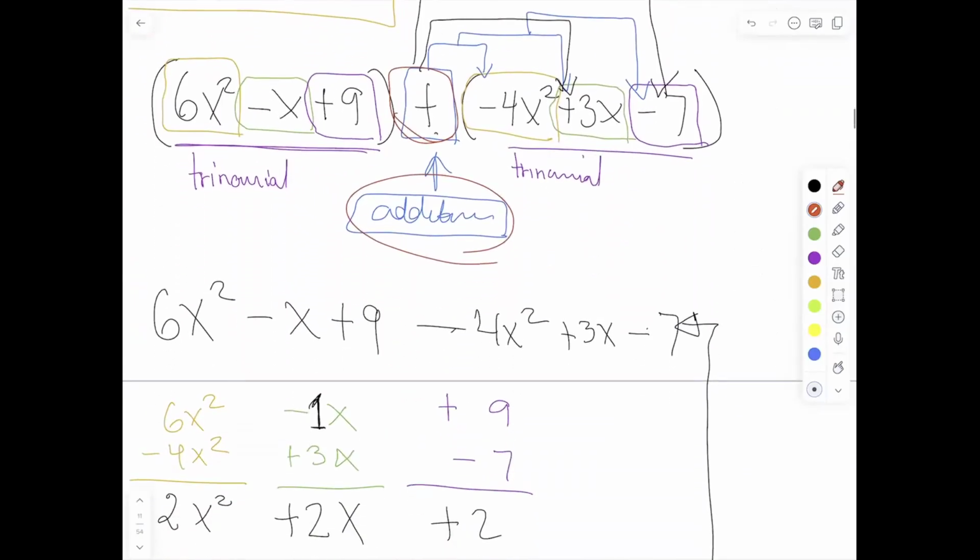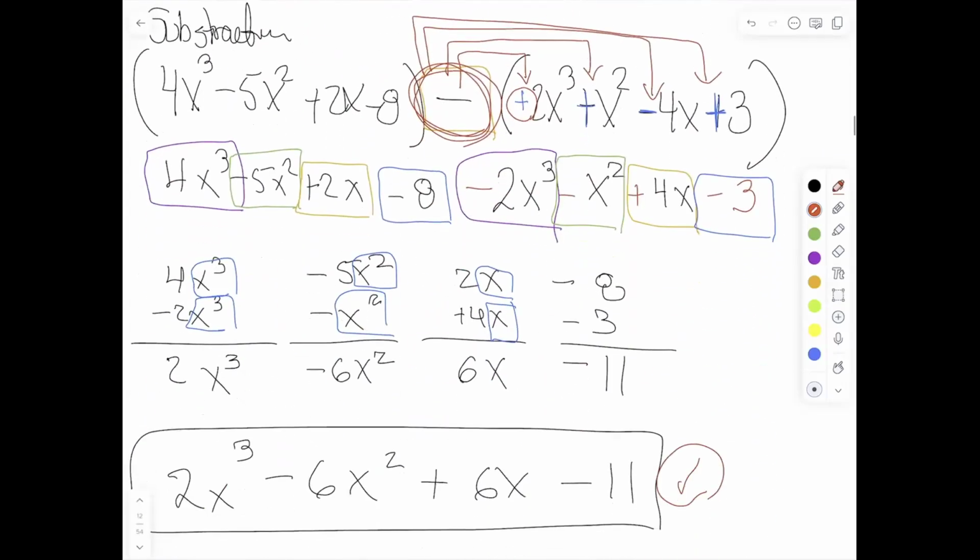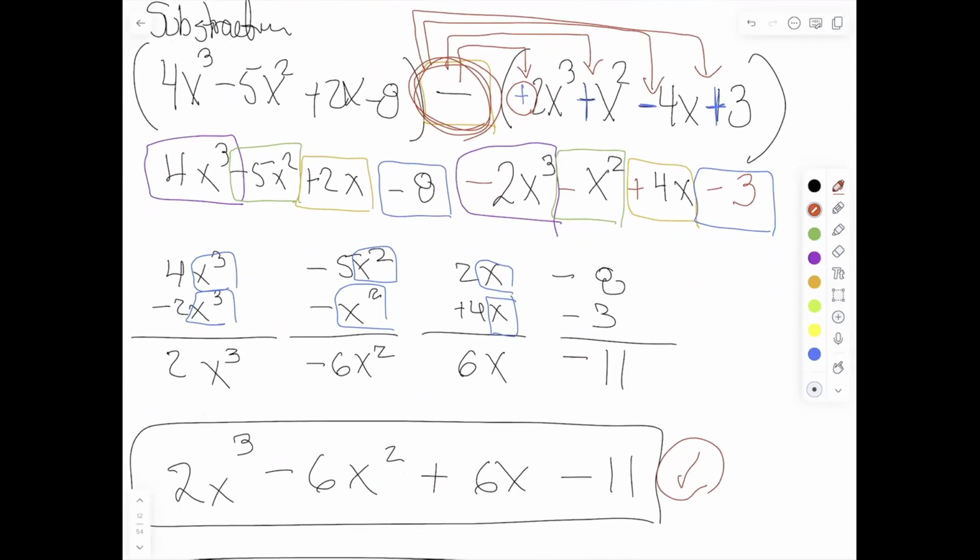Because when you are adding two terms, or in this case, two trinomials or binomials, you have to see what the operation is in the middle. Doesn't matter if I have an addition sign in the middle. You're good. The problem comes where? Subtraction. Because you have to change the signs. When you have to do subtraction, all of these signs change.